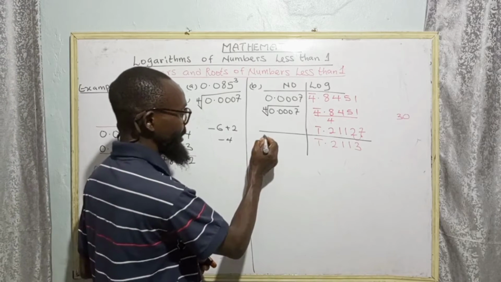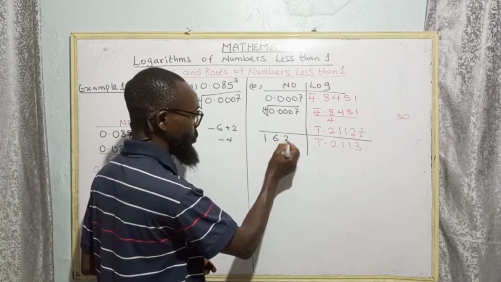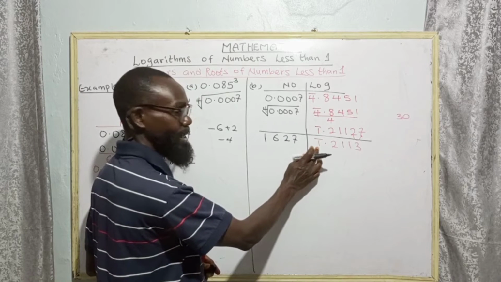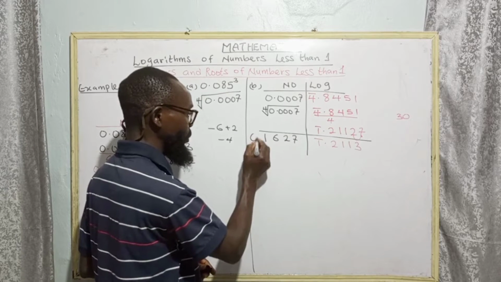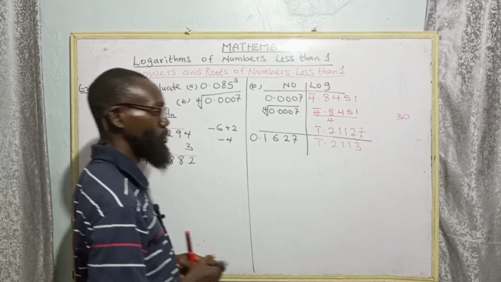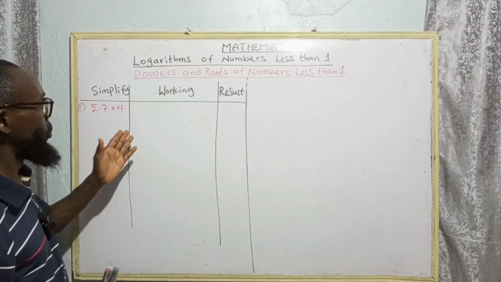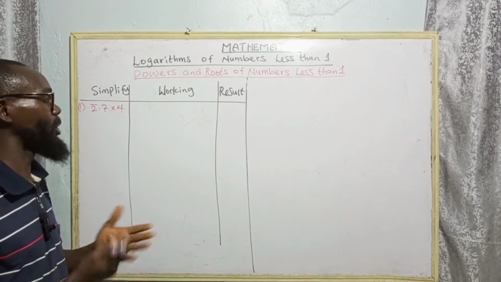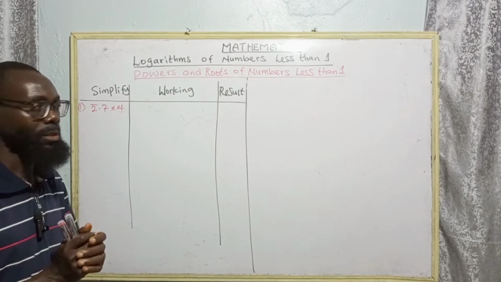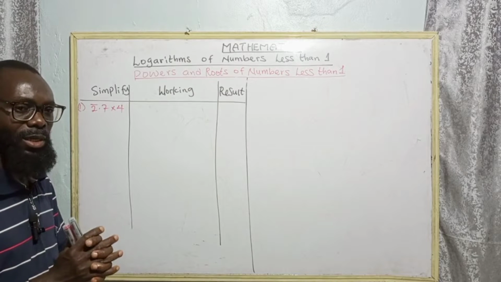Our final answer is 1627. And this bar means 0.1627.